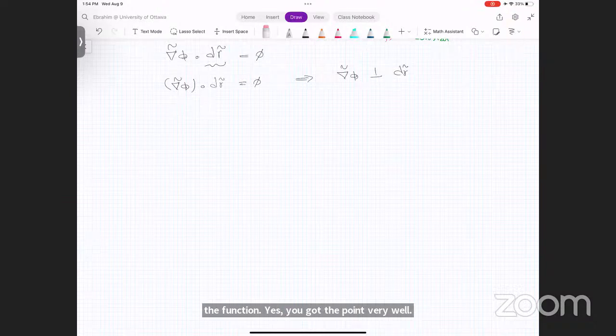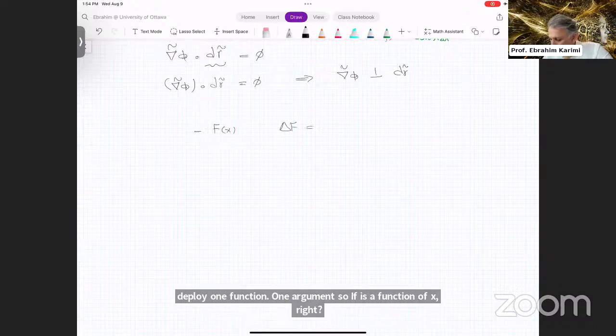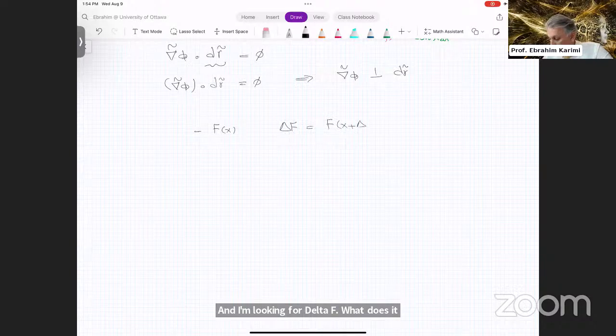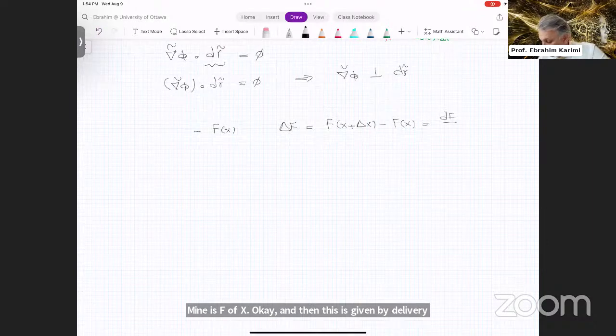And one has asked if df equals delta f approximately. Yes, indeed, I can write delta f. What does it mean, delta f? Depends if you write it for one function, one argument. So f is a function of x, and I'm looking for delta f. That is f of x plus delta x minus f of x, and this is given by the derivative of f with respect to x times delta x.